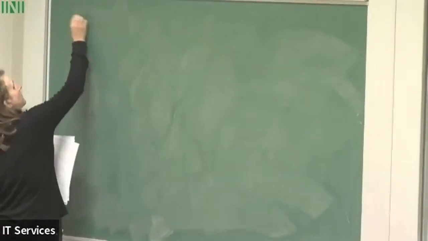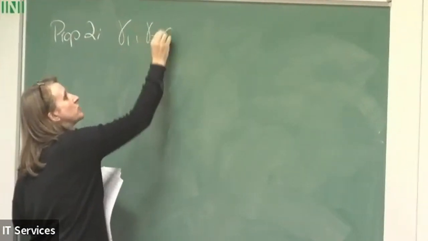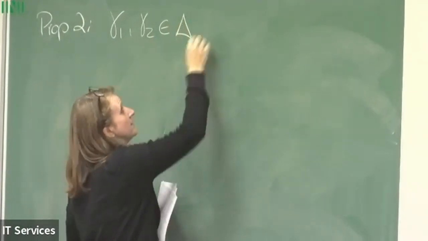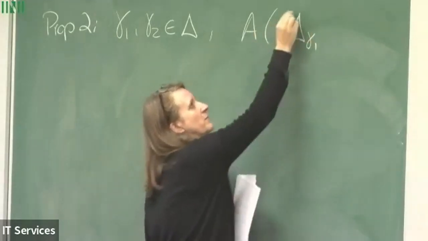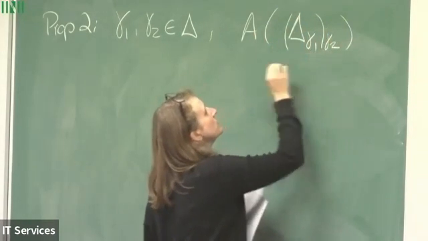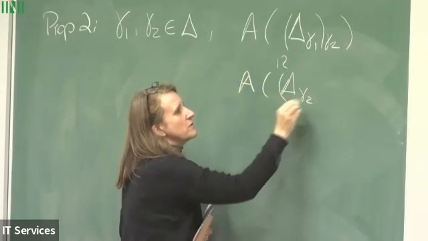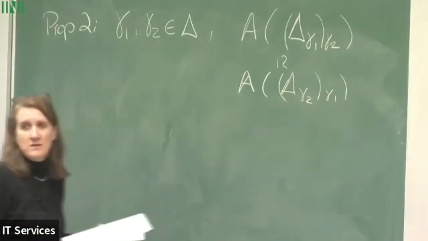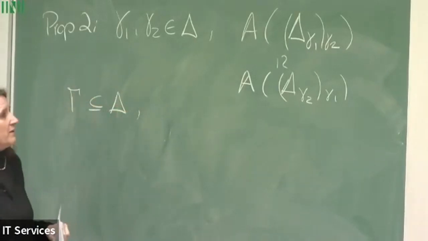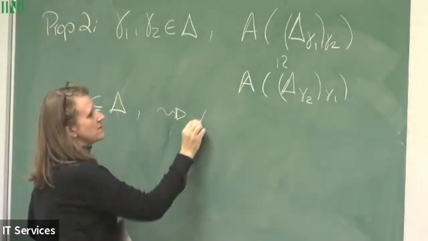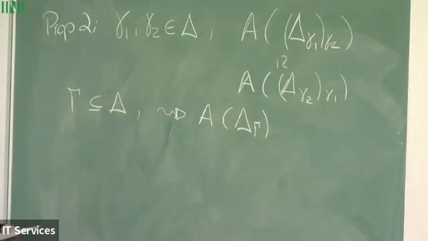So this is maybe proposition 2: if we have gamma 1 and gamma 2, two arcs in delta, then the algebra where we first cut along gamma 1 and then along gamma 2 is isomorphic to the algebra where we first cut along gamma 2 and then along gamma 1. So that means if we take a subset of delta, we can just cut one by one, and we get an associated algebra for the cut surface. Okay, so we got this cut surface dissection.